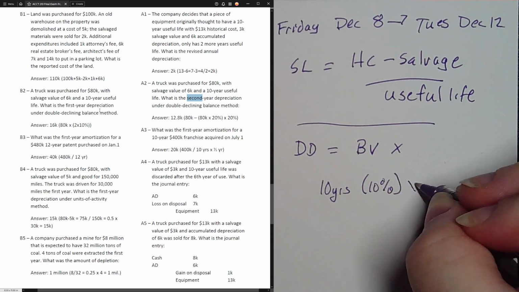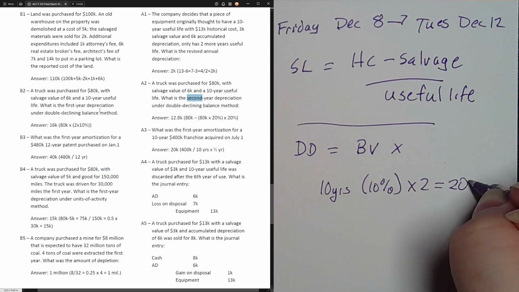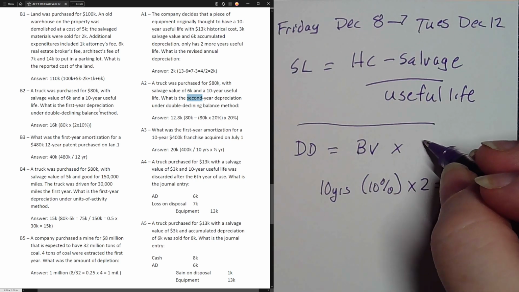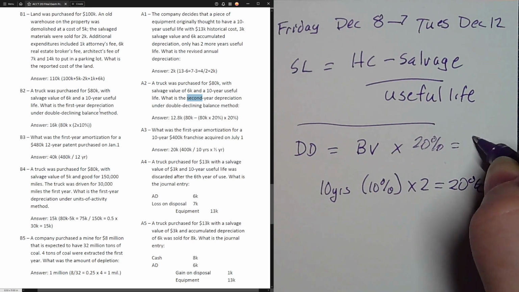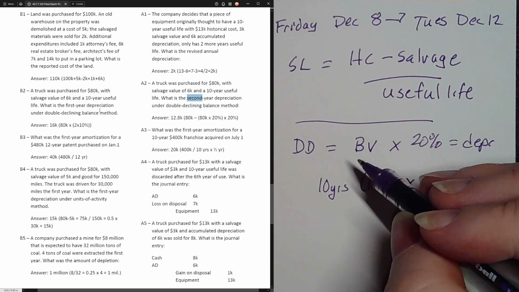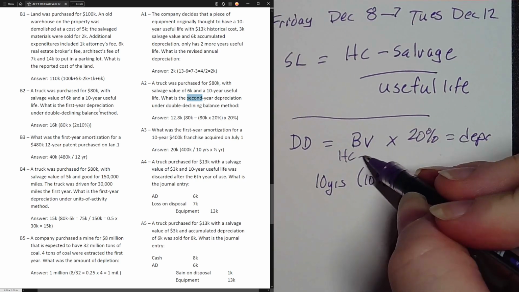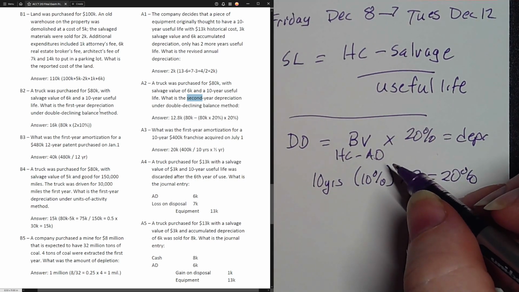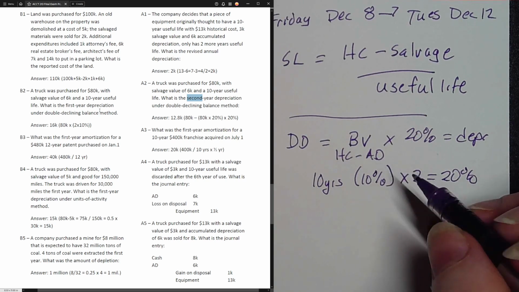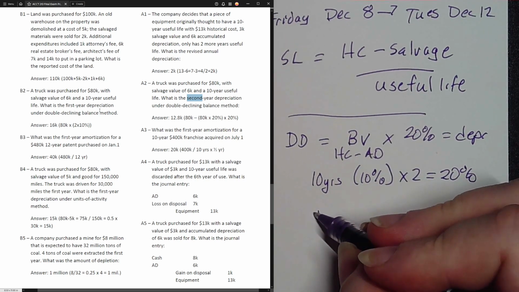So if we double that, it's going to be 20%. So the book value here times 20% is what is going to be the depreciation. Now remember, book value is historical cost minus accumulated depreciation. So the very first year, we don't have any accumulated depreciation. So what do we have for year one?